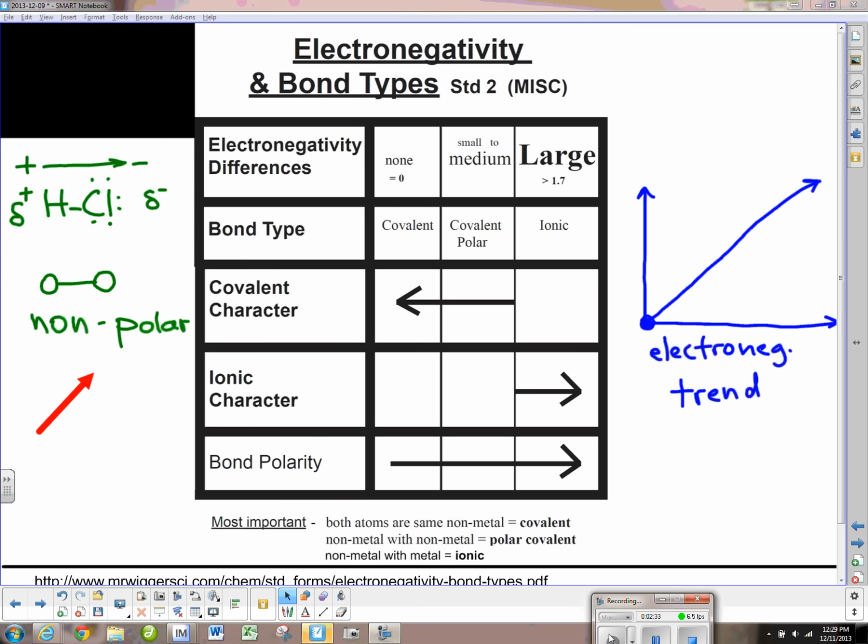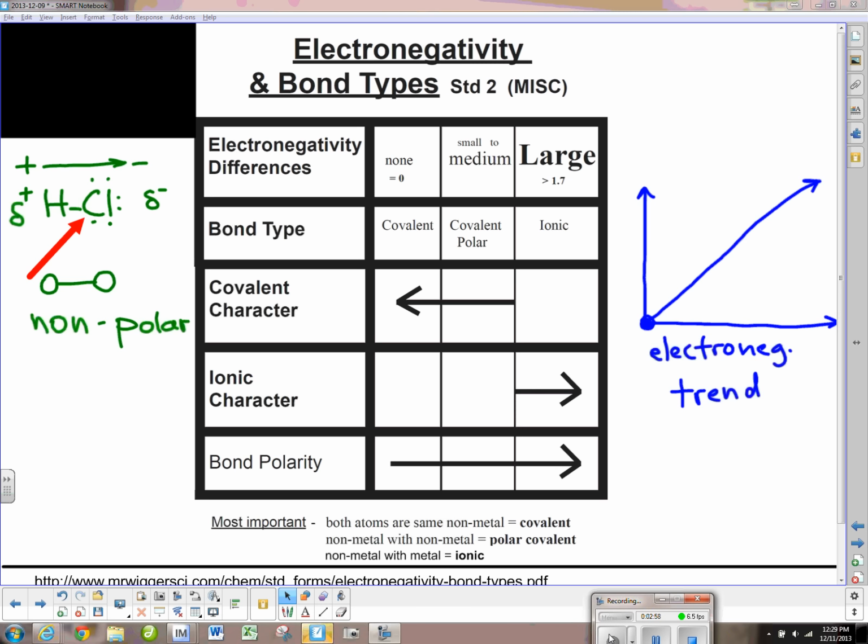However, when you get a molecule like this, you get these symbols out here, which are simply stating a partially positive on this end and a partially negative on this end. This partial negativity means that we wind up with a polar bond, and the stronger electronegativity is what's going to determine which end is negative.